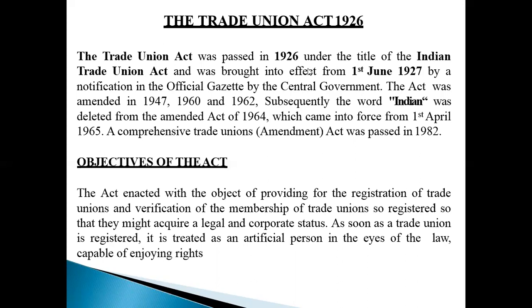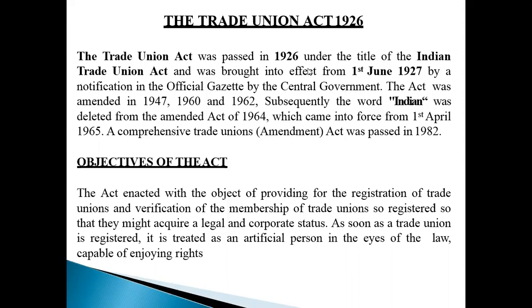The Trade Union Act was passed in 1926 under the title of the Indian Trade Union Act and was brought into effect from 1st June 1927 by a notification in the official gazette by the central government. The Act was amended in 1947, 1960, and 1962. Subsequently, the word Indian was deleted from the amended Act of 1964, which came into force from 1st April 1965.